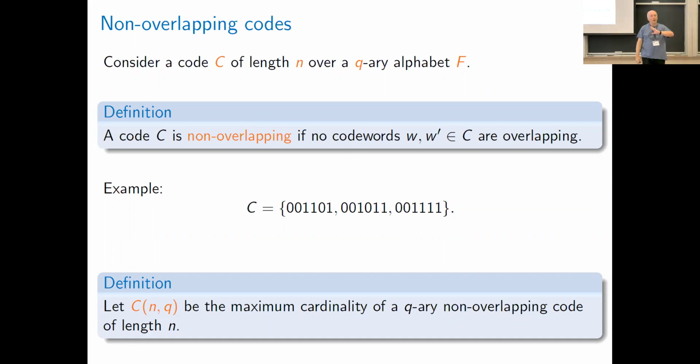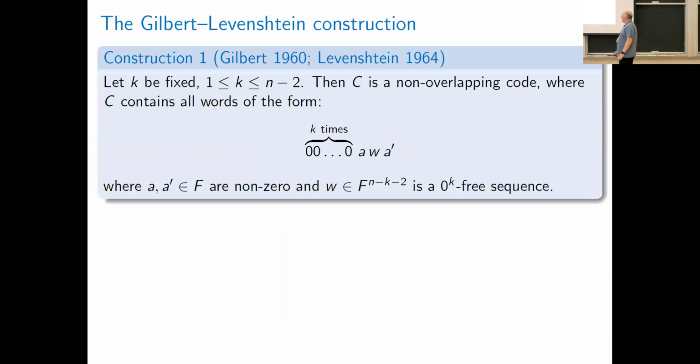So if you want a proof that this is an overlapping-free code, you can just say that if they overlap, they can't overlap at one symbol because the zero symbol would be the end of one code word and the beginning of another, and they can't overlap in more positions because there's no non-trivial way in which those two zeros can overlap in terms of the positions. Okay. So there we go.